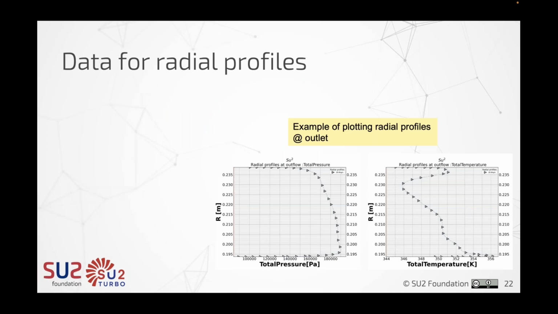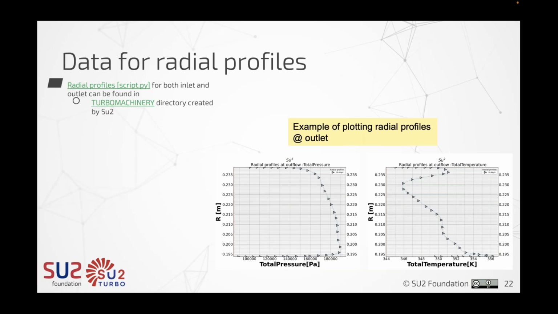And this is a sample of the radial profiles that you can plot from the turbo machinery directory. So here I'm plotting an example of radial profiles at the outlet. You have the total pressure and total temperature. The available data is in the turbo machinery directory.